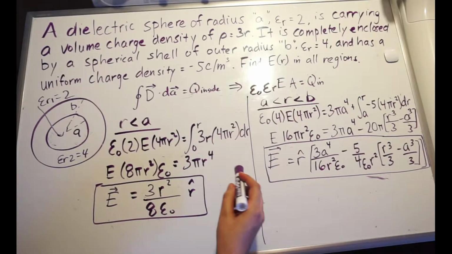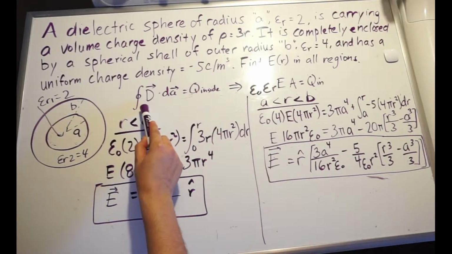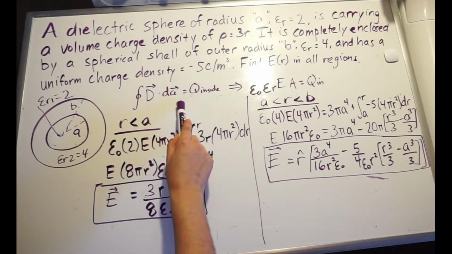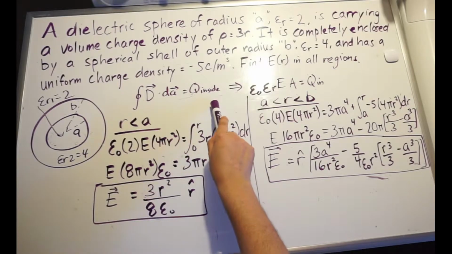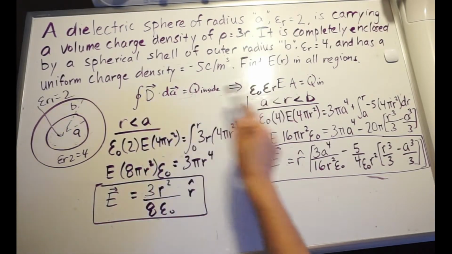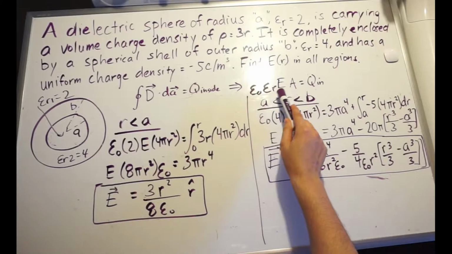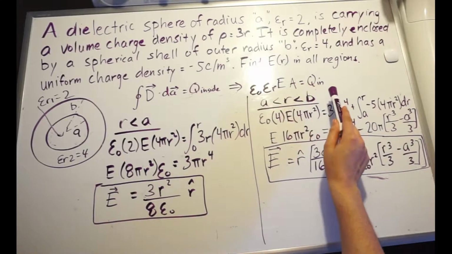As Dr. Kwok states in his textbook, the displacement vector D is used to separate the contribution from free charges and polarized charges. The closed integral of D dot dA equals Q inside, and D is epsilon naught times epsilon r times E, where epsilon naught is the permittivity of vacuum and epsilon r is the relative dielectric constant of the medium.